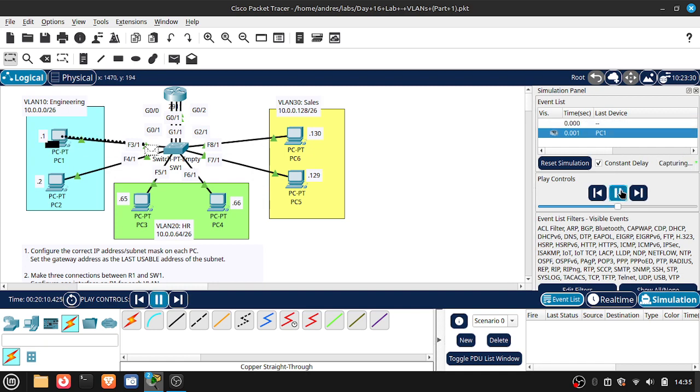So let's check. It sends to the switch and now to the router. Yes, and it is going to send to the respective VLAN, that is VLAN 30 on FastEthernet 0/1.